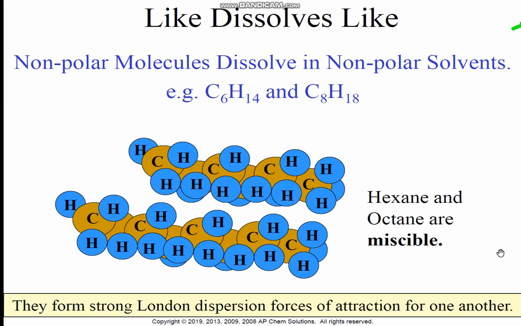Again, remember miscible means they're soluble in all proportions. So these are going to hold one another in solution just because of those strong London dispersion forces. Remember, London dispersion means that they're going to have those temporary dipoles rather than the dipoles of a dipole-dipole attraction. These are not going to be the same.